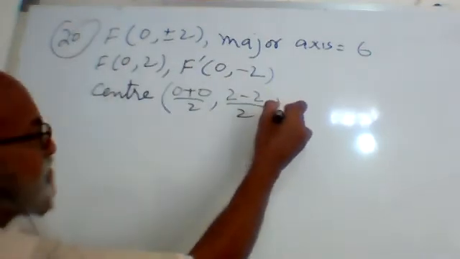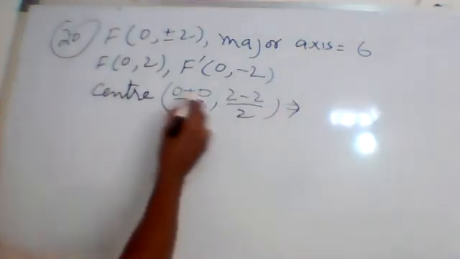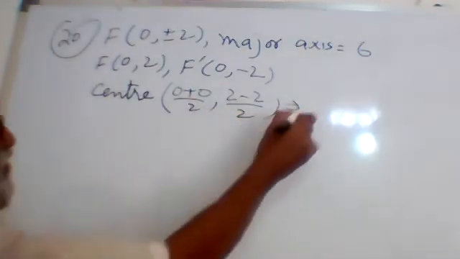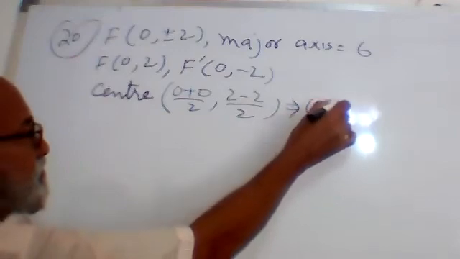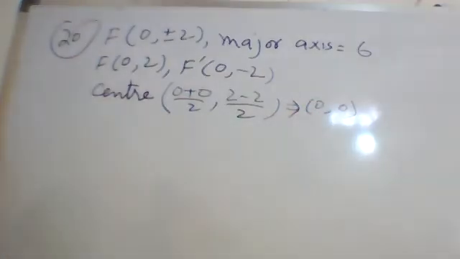So it will become 0 upon 2, which will be 0, 0. So the center will become 0, 0.